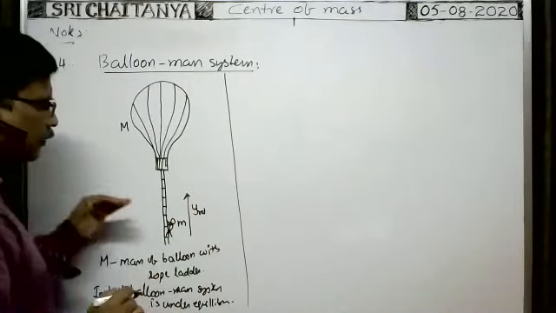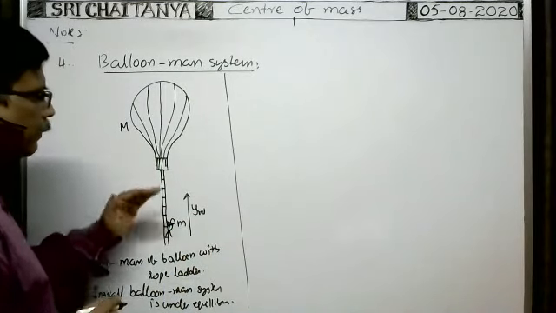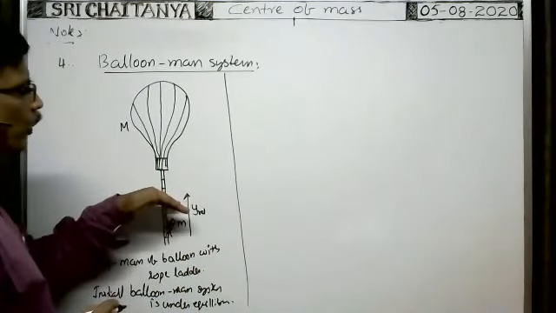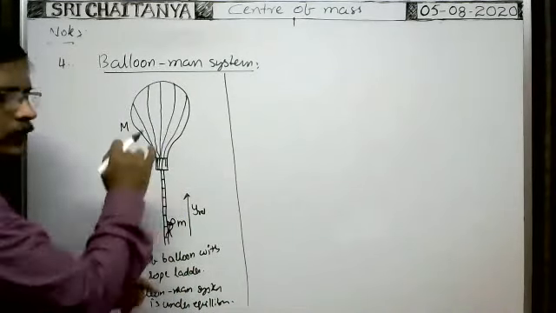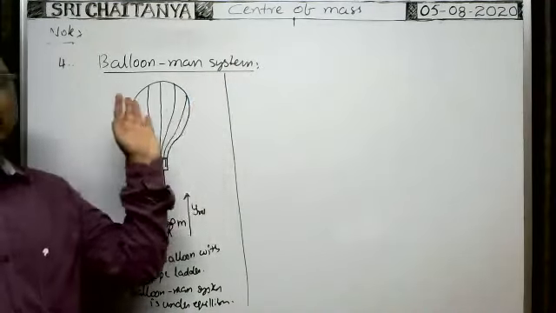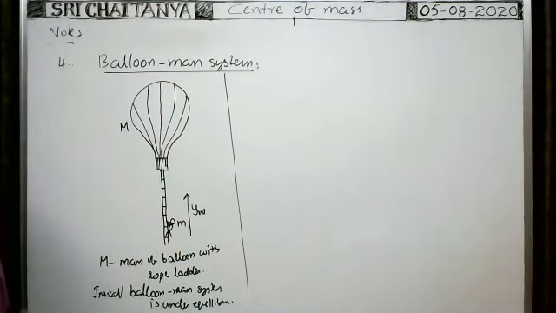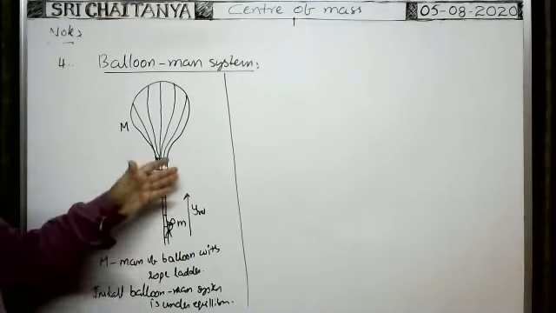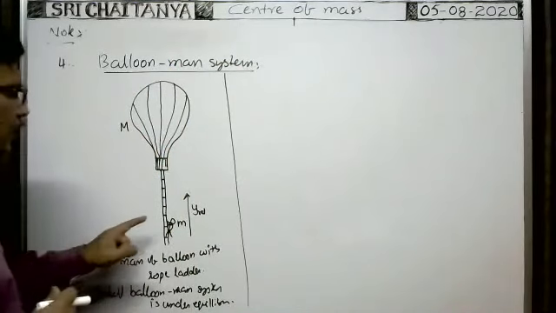He is just walking upwards on the ladder through a distance y relative. Just like the man in the boat traveling a distance s relative, here he travels a distance y relative upwards.